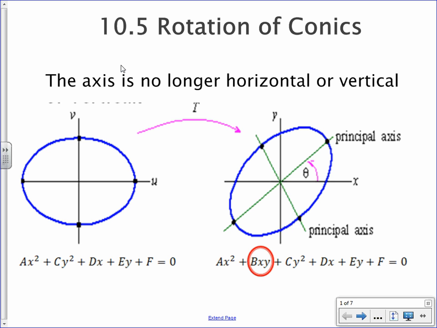What do I say? B squared minus 4AC. Have you heard that in something before? What is that part of? The quadratic formula. Do you remember what we call it? It has a name. B squared minus 4AC has a name that starts with a D. It's called the discriminant.